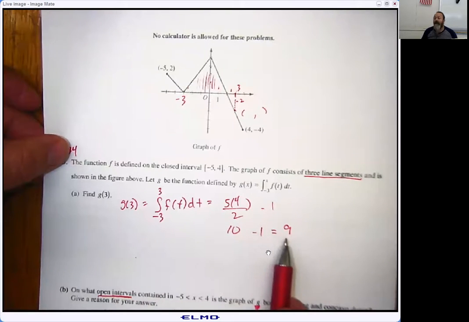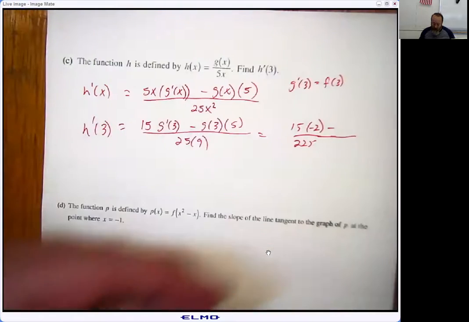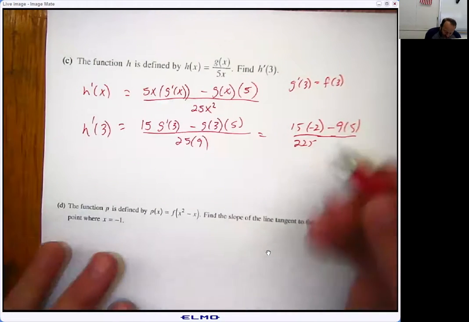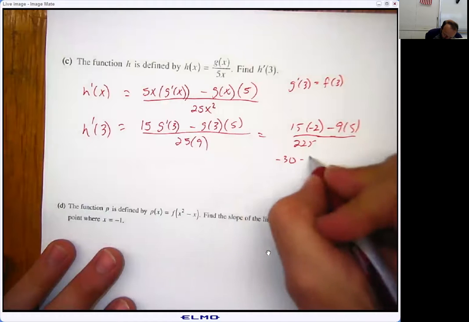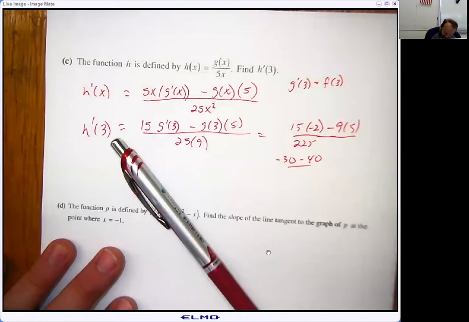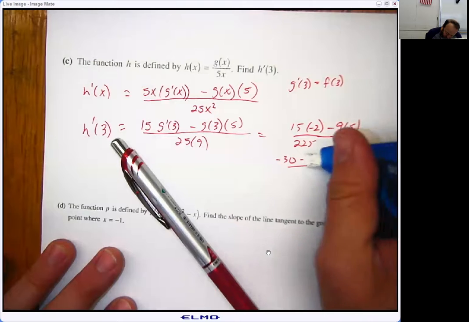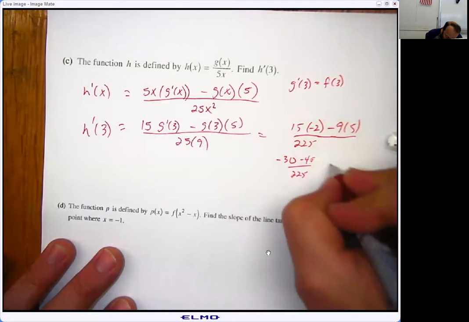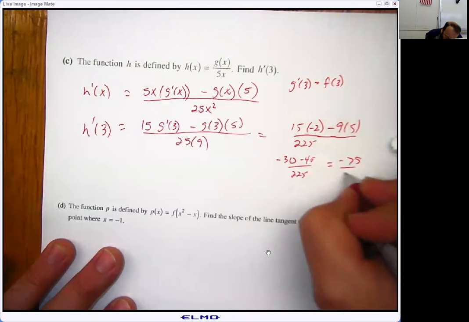G of 3 we found in part A to be the number 9. And so we've got 9 times 5. So again, a pretty simple idea. We got -30 minus 45, over 225, or -75 over 225.